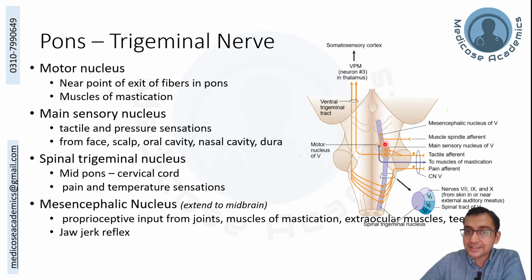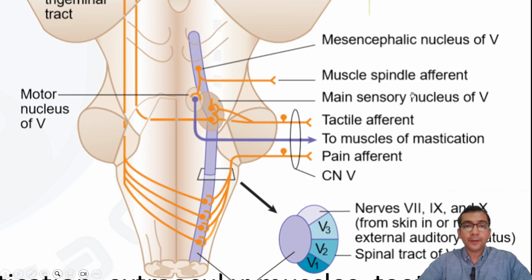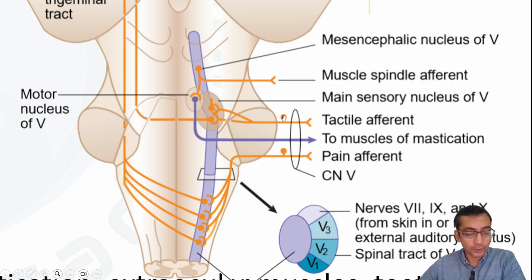And last but not the least, there is the mesencephalic nucleus that is going up into the midbrain, the mesencephalon, and it receives the proprioceptive fibers. And here one very interesting thing: in most of the cranial nerve sensory nuclei, what happens is that there is a first order neuron that is present outside the CNS, like in the case of spinal nerve, in the dorsal root ganglion, and in the case of cranial nerves, it has their own ganglion, like trigeminal ganglion, and they enter and synapse with the sensory ganglion cell.